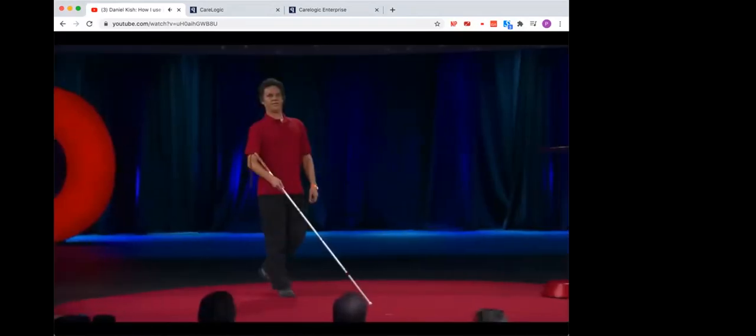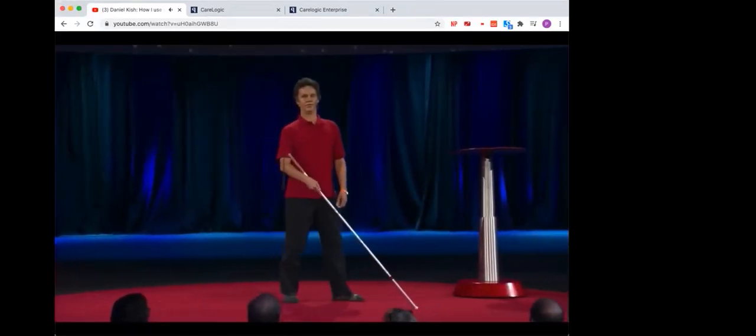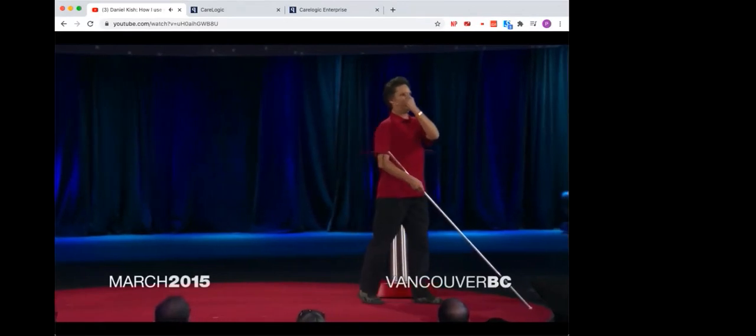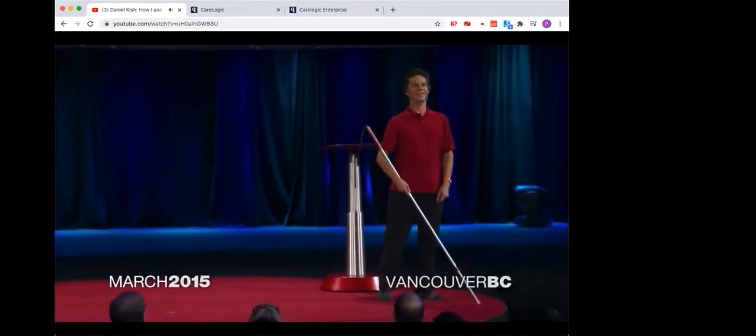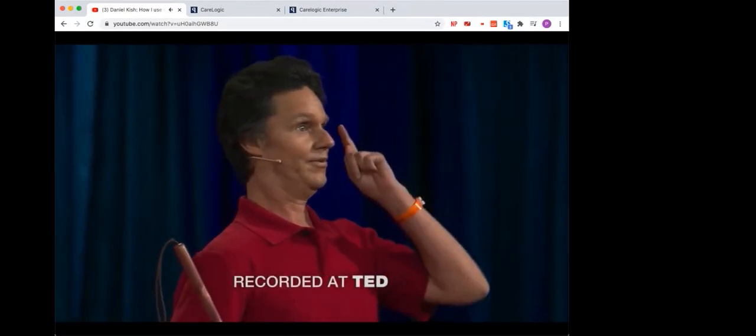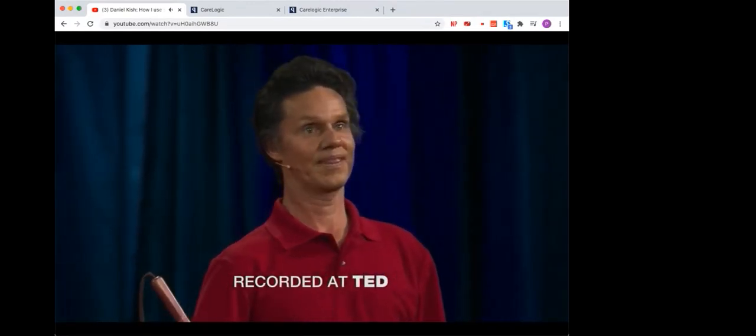I was born with bilateral retinoblastoma, retinal cancer. My right eye was removed at 7 months of age. I was 13 months when they removed my left eye.